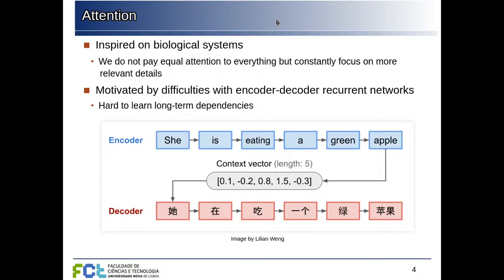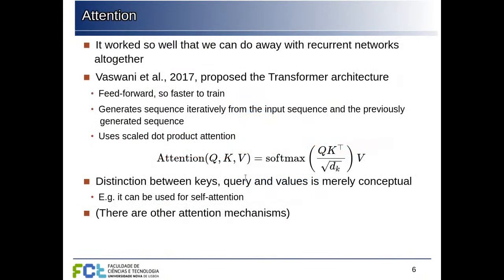The query could be what is being generated, but this is merely conceptual because, as we're going to see in the model, we can even use this attention layer as self-attention, so looking always at the same vector in all three inputs. It also works like that, but basically we are looking at the correspondence between these vectors, and that will determine how important, more or less important, this other vector here is.